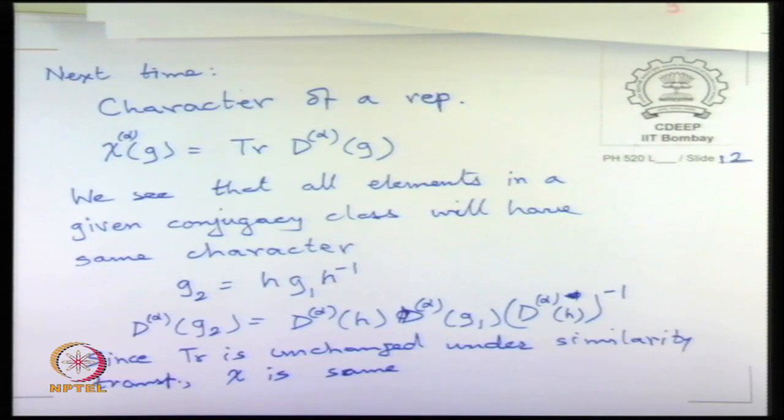Okay. So what was in group theory language some abstract concept of conjugacy classes, in matrix language is simply a similarity transformation, and so the character will remain the same. We will see that this is an important thing. This is why the number of elements in a conjugacy class is important.